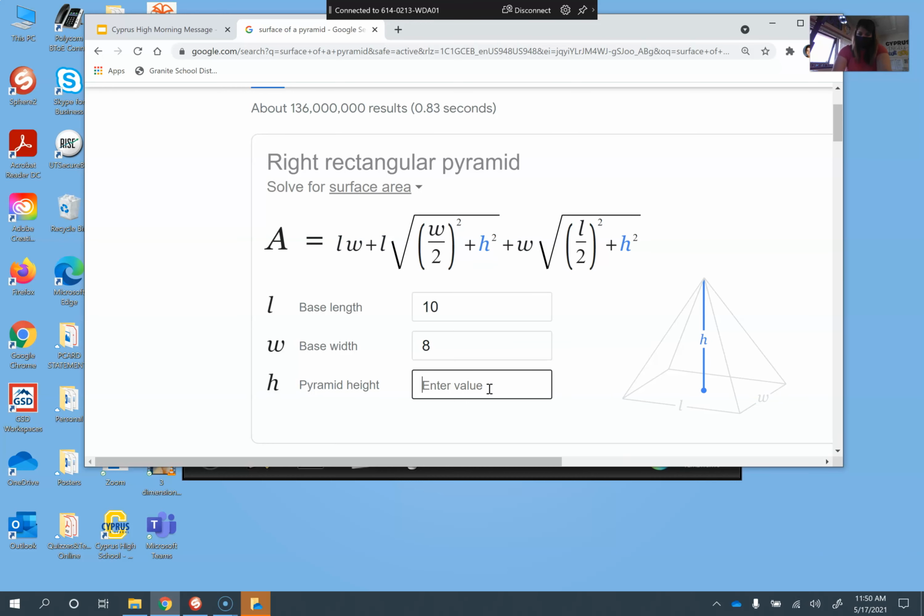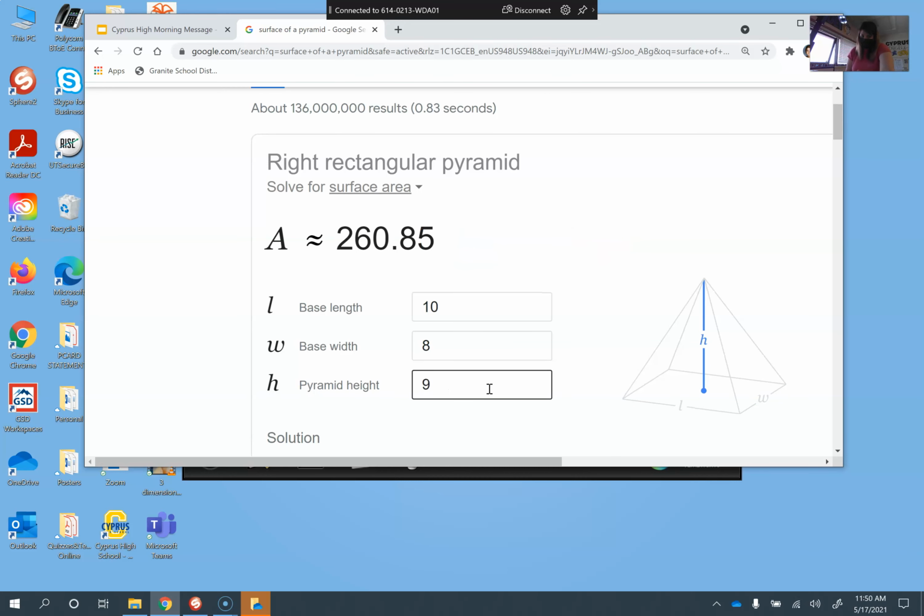My height is 9. Is that what you guys got? Mm-hmm. Why did I get 242 then? So I need to check this one. I probably did something wrong. I'm pretty sure that one of my calculations is wrong.